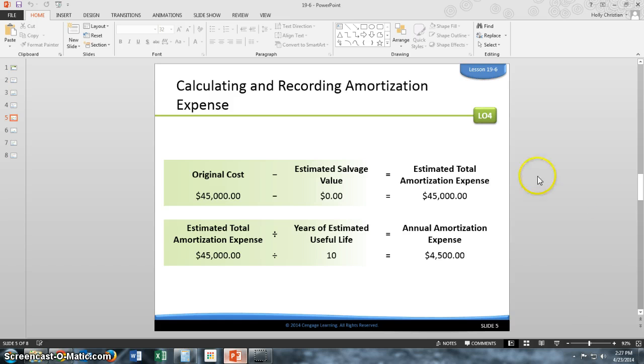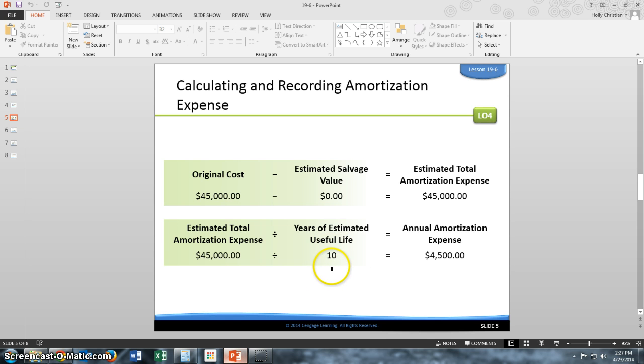So in this case, and this is the example out of your book as well, I do believe, the original cost of that patent was $45,000. It's not going to be worth anything when it's done, because once a patent runs out, there's no salvage value. So we could expense out $45,000. Now we're determining, instead of 20 years, this patent is probably going to be good for 10 years.